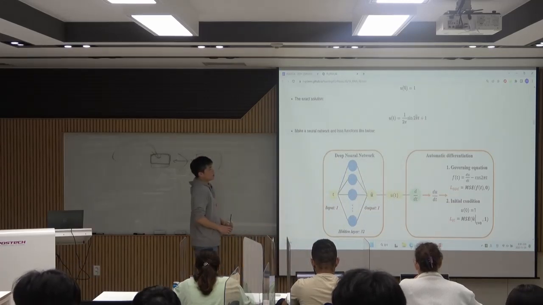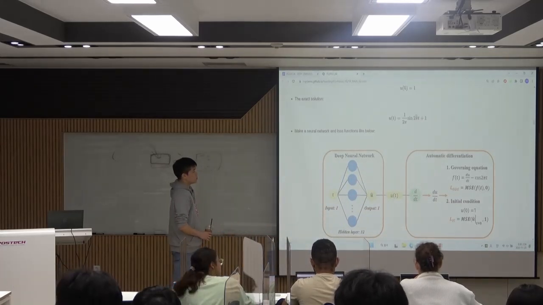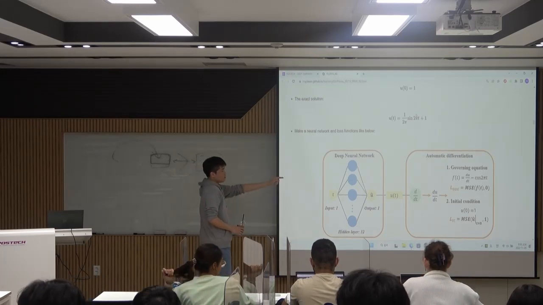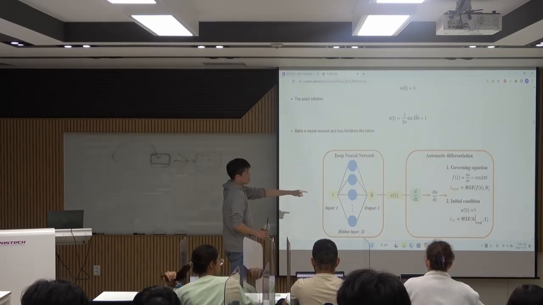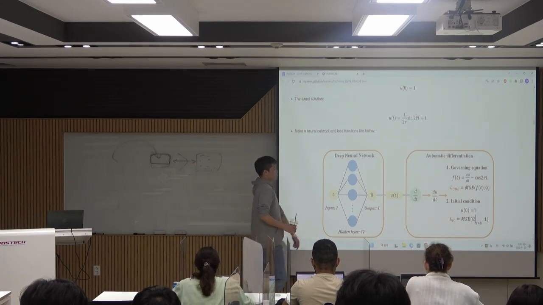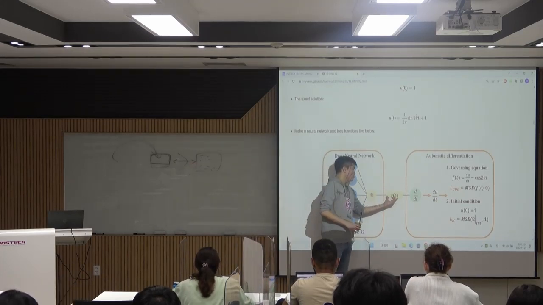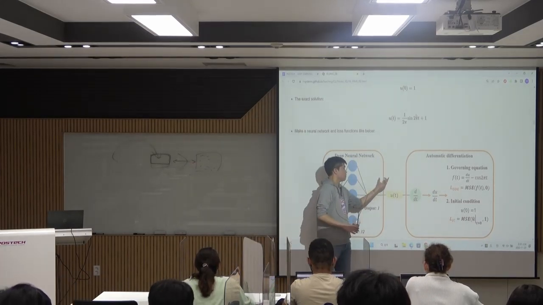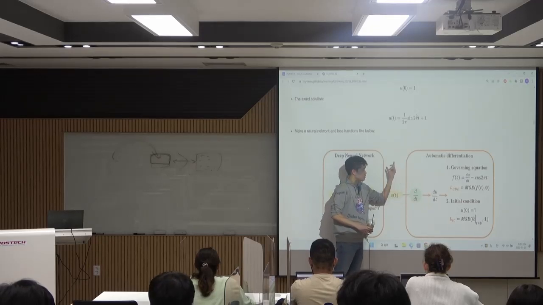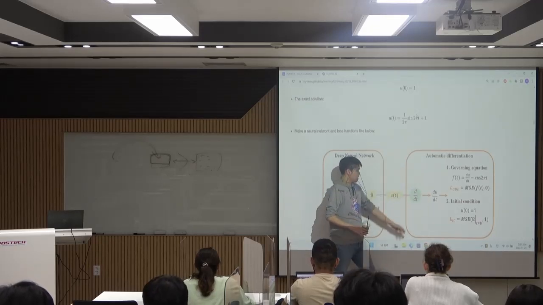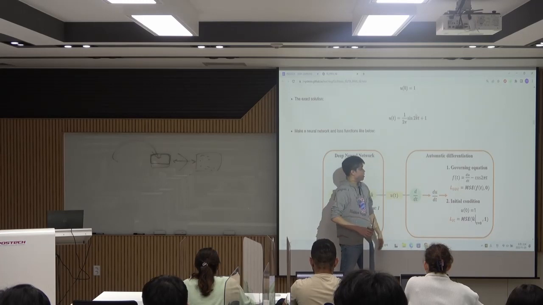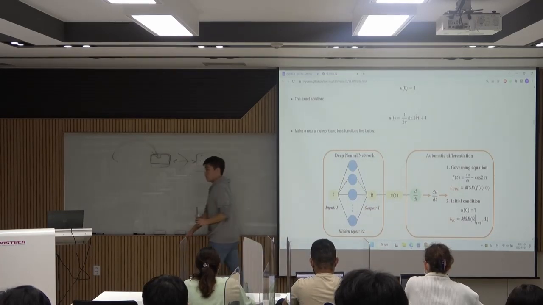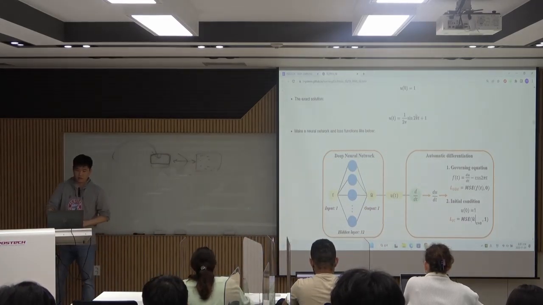Two loss functions will be used for this: the ODE loss and the initial condition loss. After we get u from the model and perform auto gradient from TensorFlow, we can get du/dt. We already know what the du/dt equation is.